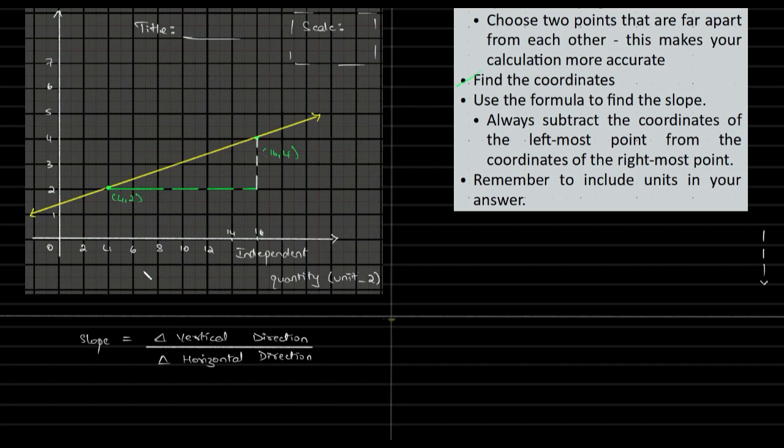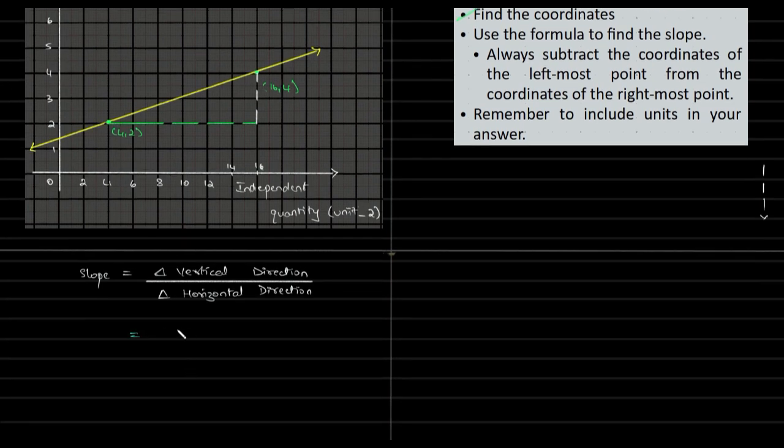So how do we find this? Simple. Change in vertical distance is from here to here, that is from 2 to 4, right? Can you see that? It's from 2 to 4. So there has been an increase. So this is 4 minus 2, and horizontal distance is from this length to that length, right?